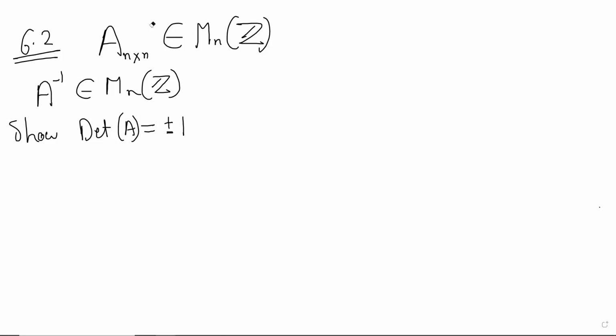Can you say something like that? As A inverse exists, then we can reduce A to an identity matrix and then find out the determinant, that will be either plus 1 or minus 1. Something like that. Yes, but how do you show that?